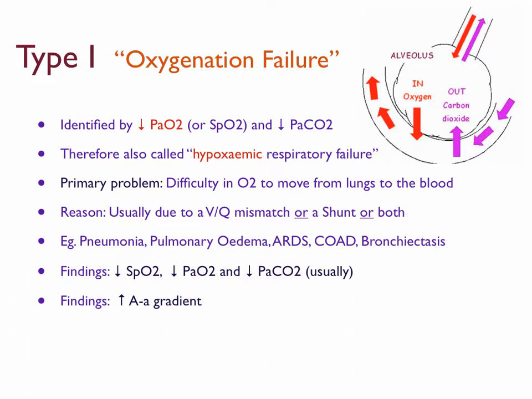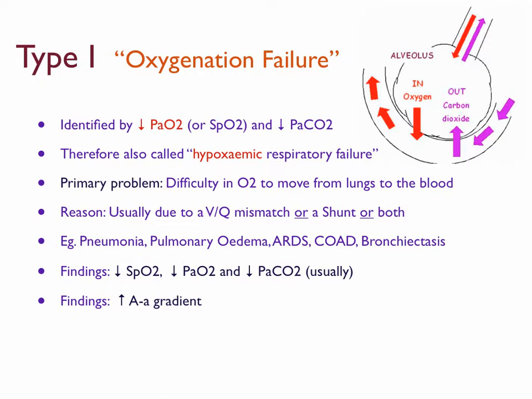And as a result, we note that patients with type 1 failures have a low partial pressure of oxygen and at the same time a low partial pressure of carbon dioxide, simply because the carbon dioxide is being washed out. And this is therefore called a hypoxemic respiratory failure, because the primary problem is with hypoxemia, and that is the difficulty in moving oxygen from the lungs to the blood.